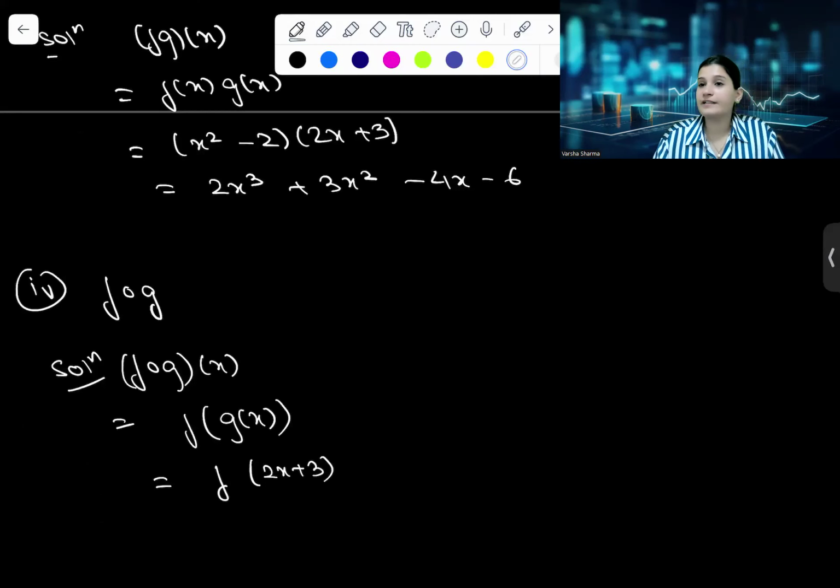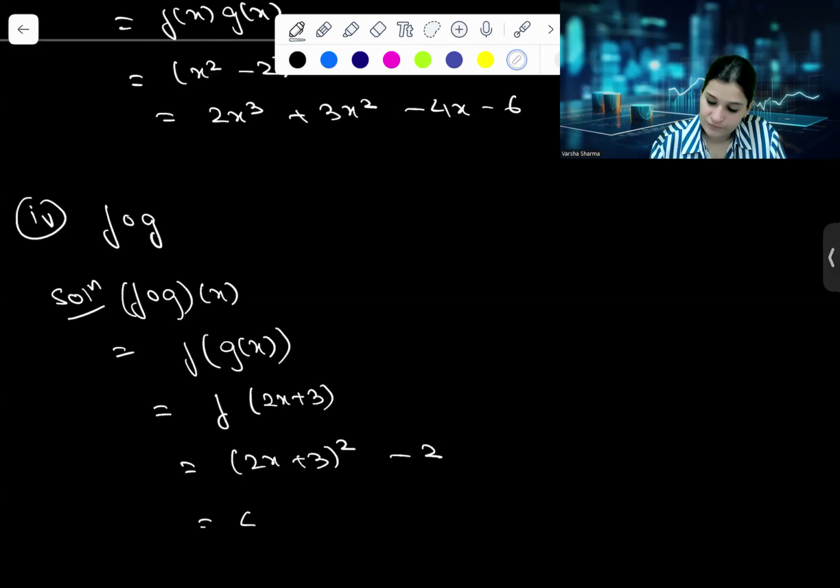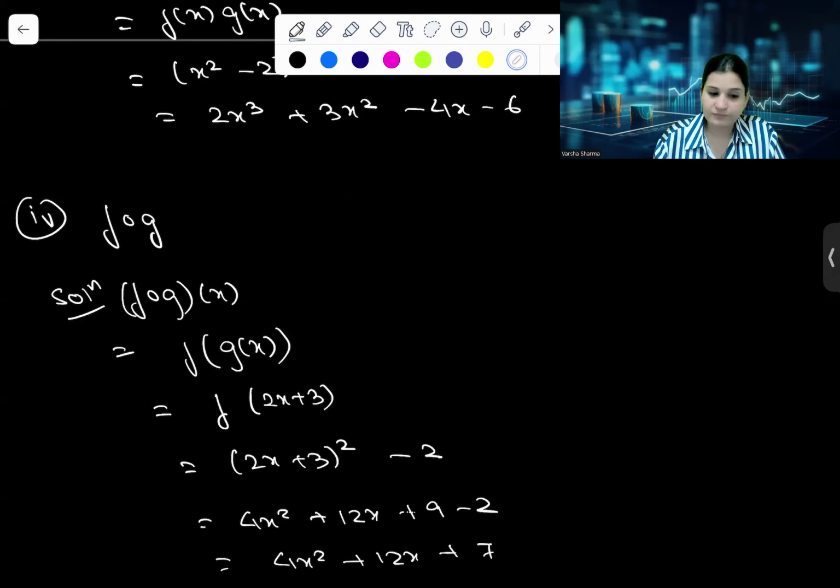Now you put this instead of x. Now f of x was x square minus 2. So what should I write now? 2x plus 3 the whole square, the whole square of this term minus 2. 4x square plus 12x plus 9 minus 2. So 4x square plus 12x plus 7.